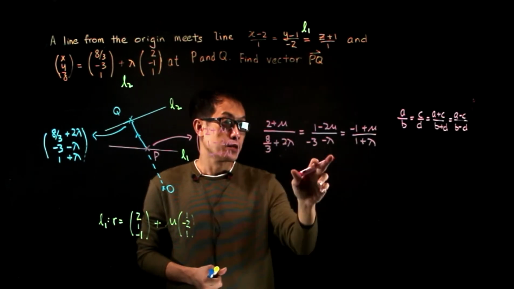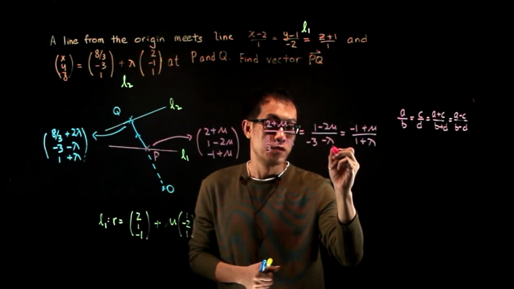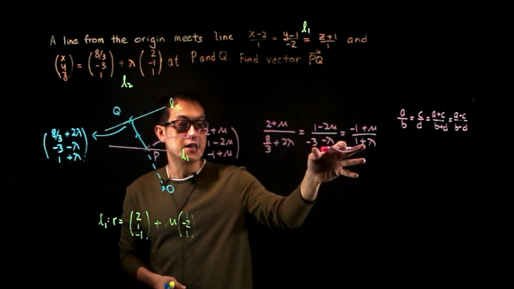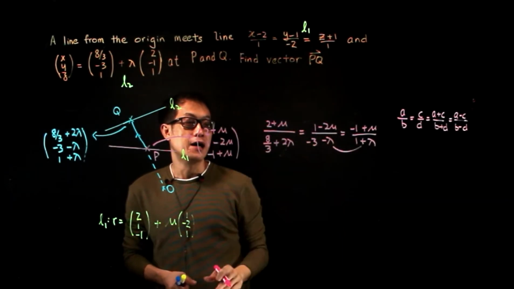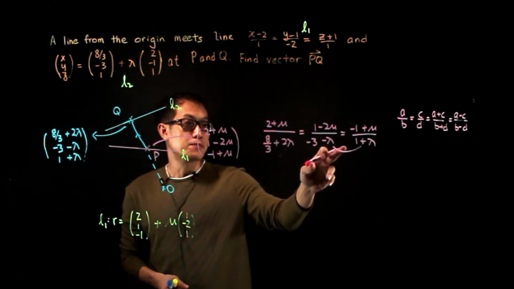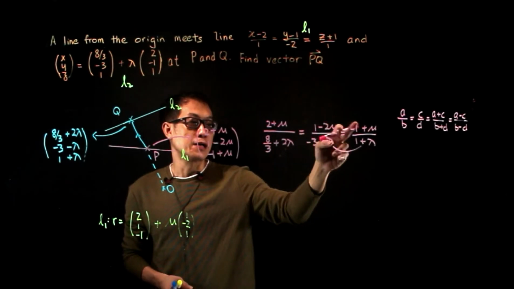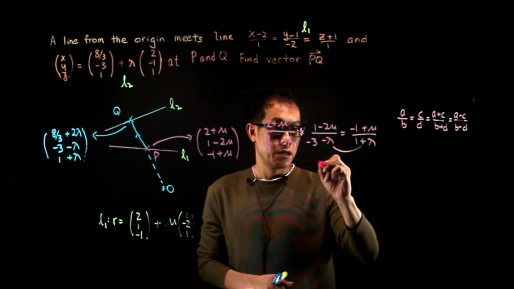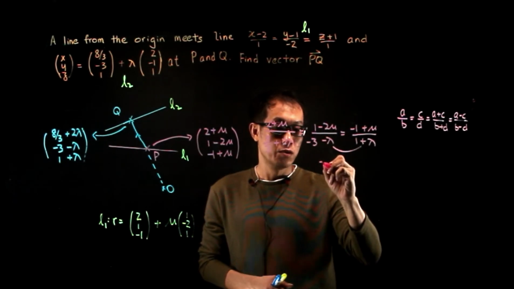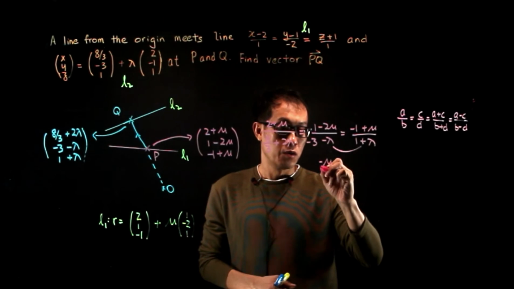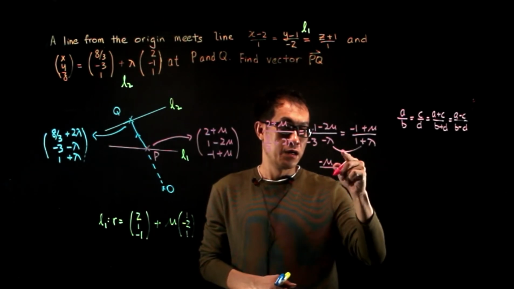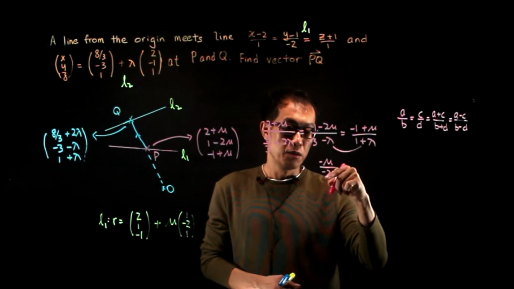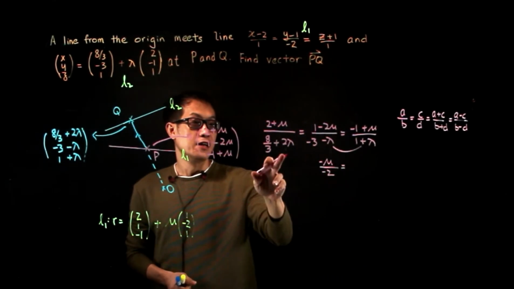Now, let's combine these two. Then we can easily get rid of lambda. So I use this plus this, so the numerators add to each other. So it will be minus mu over minus 2, so this is mu over 2 actually.